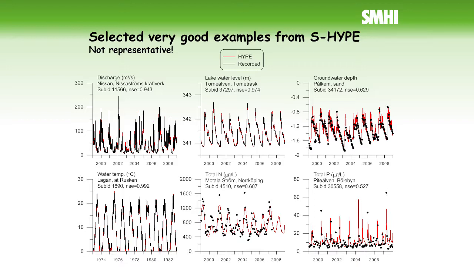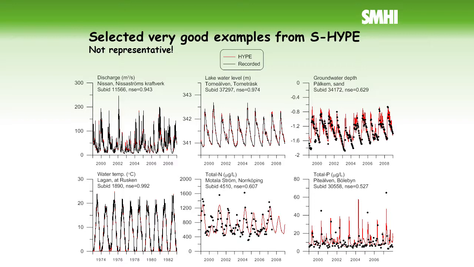So you have to take these things into consideration when you compare the different fitnesses and so on. Okay, and more difficult, nitrogen, 0.6, and a good example of phosphorus here, NSE of 0.5. So it's a variation within how well you can describe the different variables. But it gives you an idea of what type of variables that you can calculate.